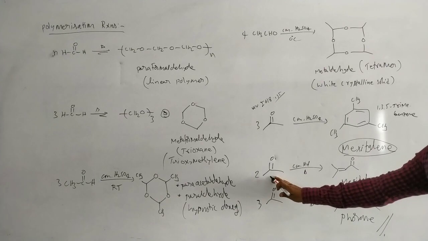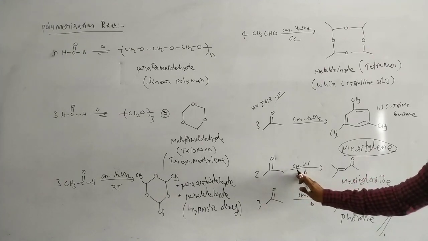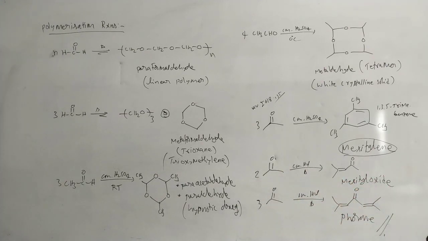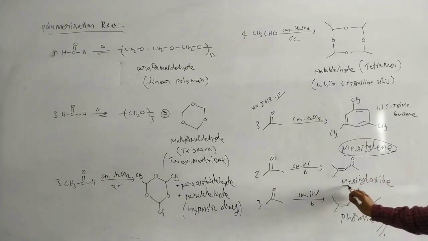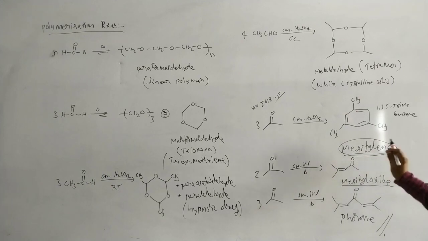For example, 2 moles of acetone on treating with concentrated H2SO4 give mesityl oxide, and 3 moles of acetone give phorone or mesitylene. You can see the difference. It is 1,3,5-trimethylbenzene.